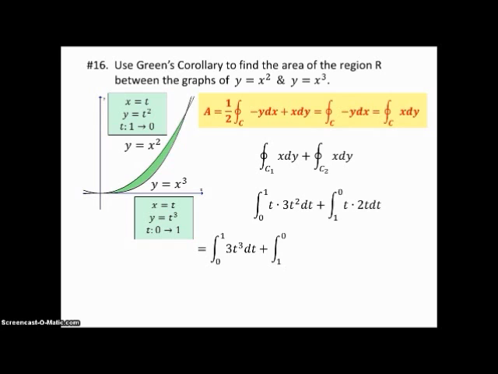So now I just simplified that and integrated and evaluated, and doing a little bit of arithmetic, we end up with 1/12. So the area of that little green region is 1/12 square unit. Teeny tiny.